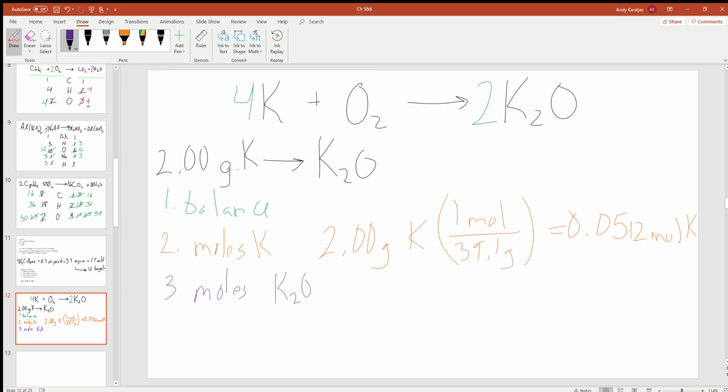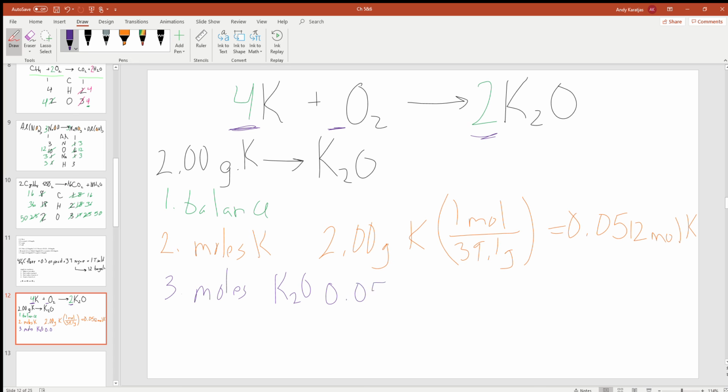Now, what's our relationship there? Well, just like in the bagels example, we used the numbers. We're going to do the same thing here. Remember, that's what these numbers mean. 4 moles of potassium reacts with 1 mole of oxygen to form 2 moles of potassium oxide.